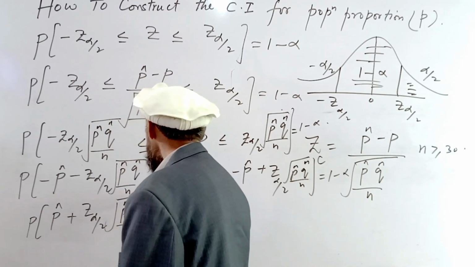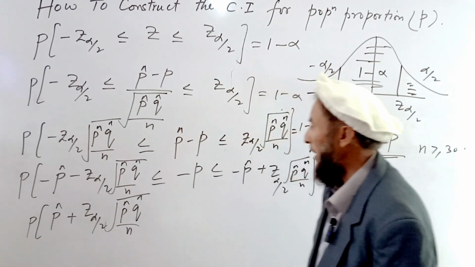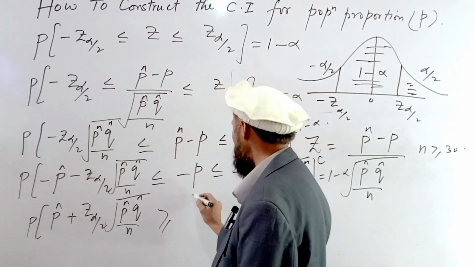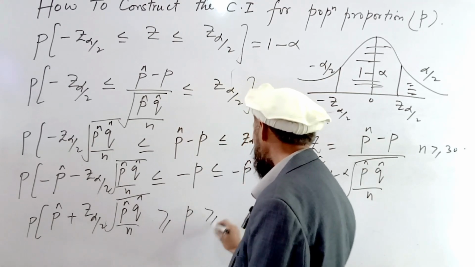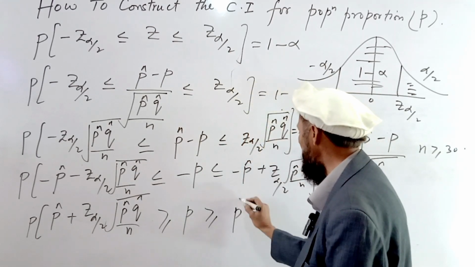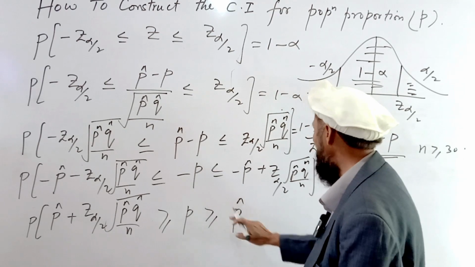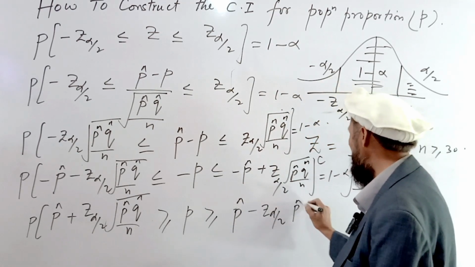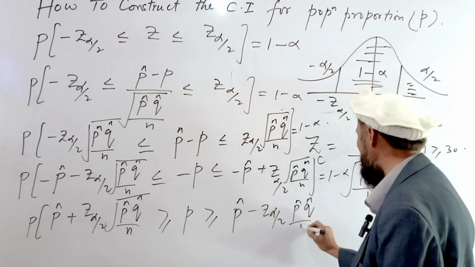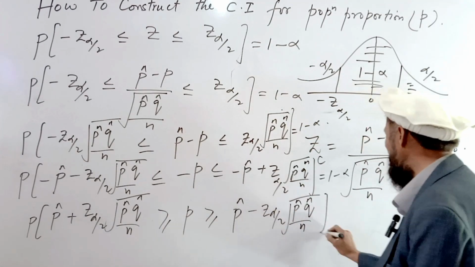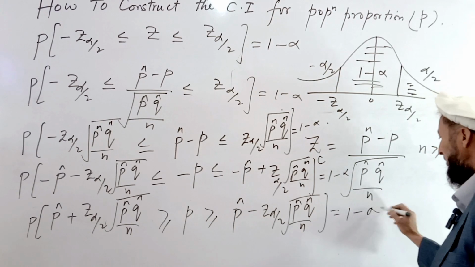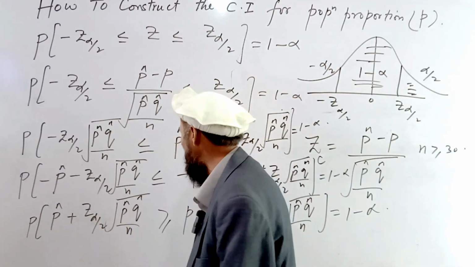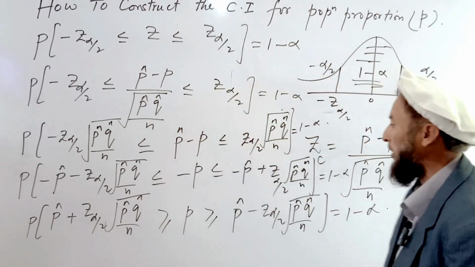If we multiply, the inequality symbol also changes. Minus 1 p greater than or equal to minus, this is positive, p hat minus z alpha by 2 times the square root of p hat q hat divided by n, is equal to 1 minus alpha. Now this is the lower limit and this is the upper limit, and here we are changing the inequalities.